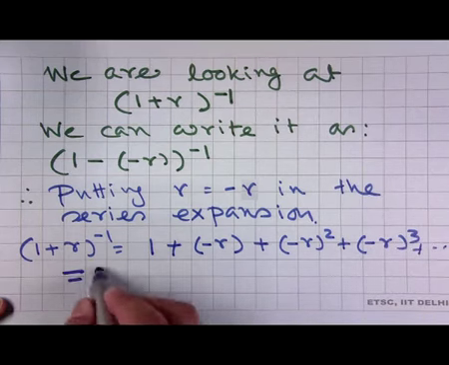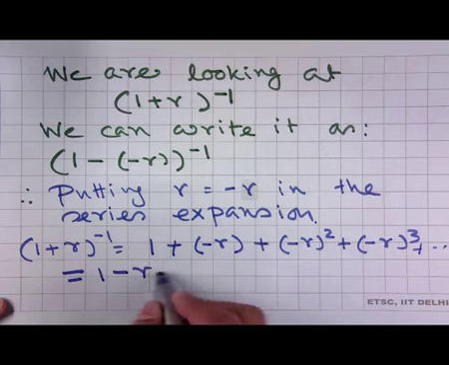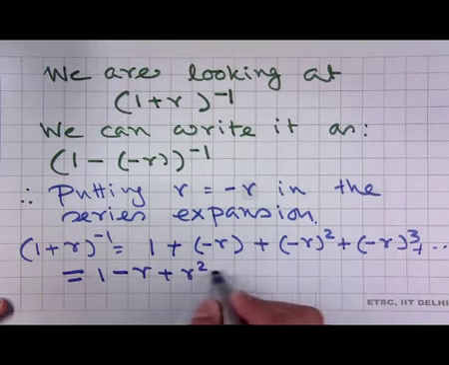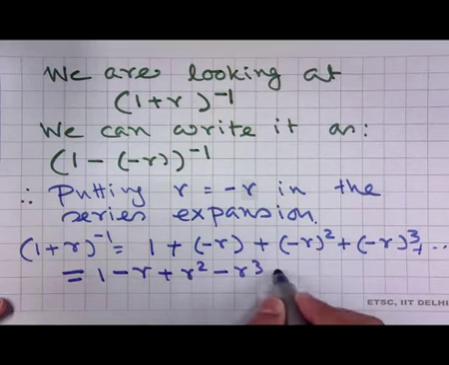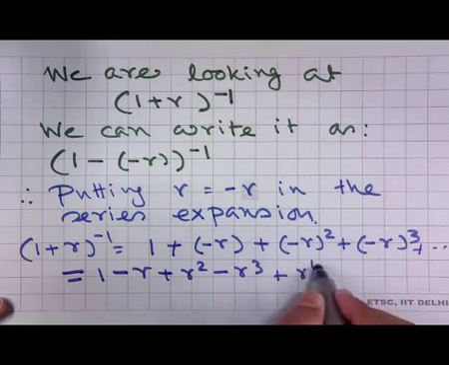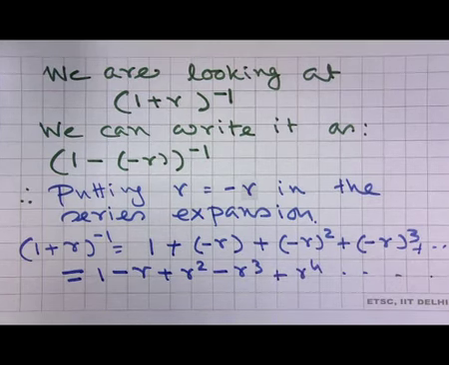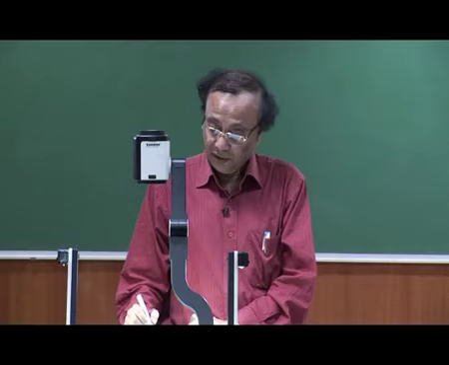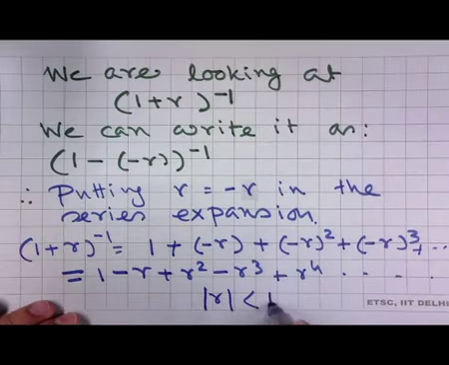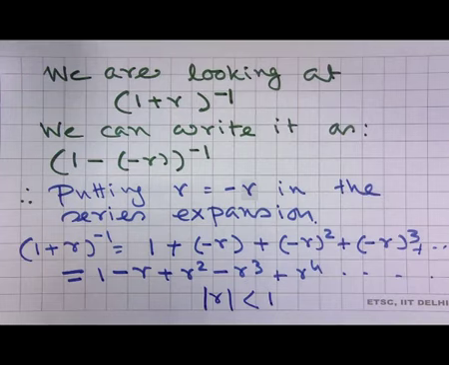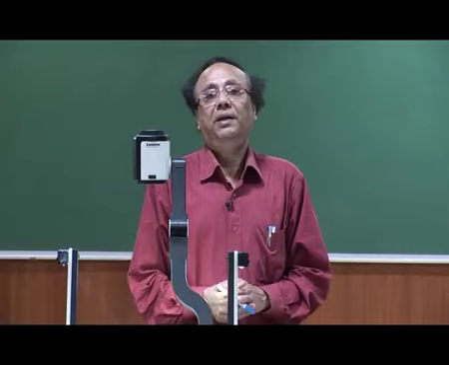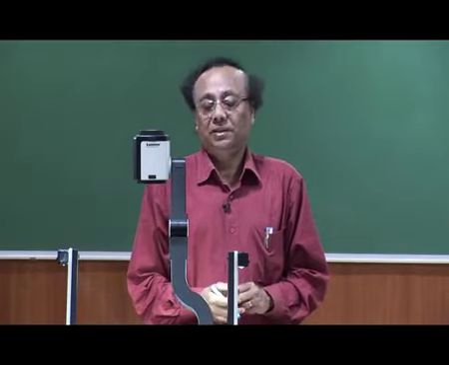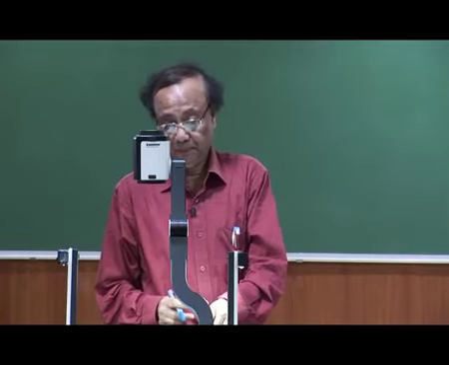This is equal to 1 minus r plus r square minus r cube plus r to the power 4, like that it will go. Thus, if the value of modulus of r is less than 1, then in a similar way we can find 1 plus r whole to the power minus 1 as well.